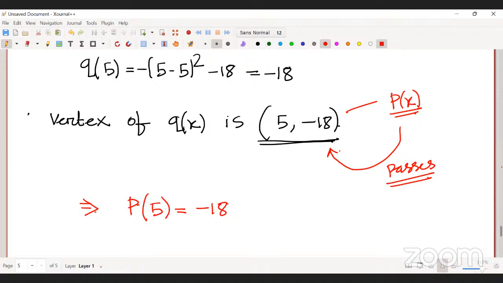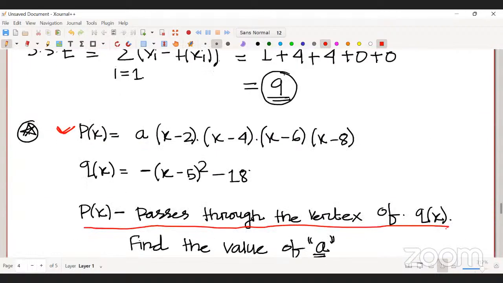Since p of x passes through this point, p of 5 is minus 18. So what is p of 5?